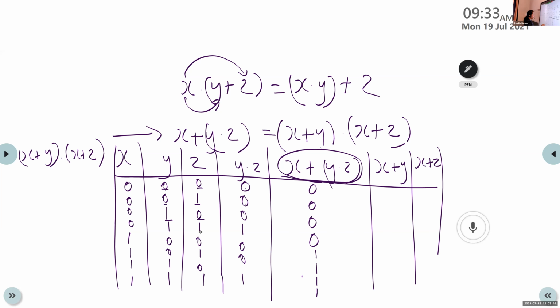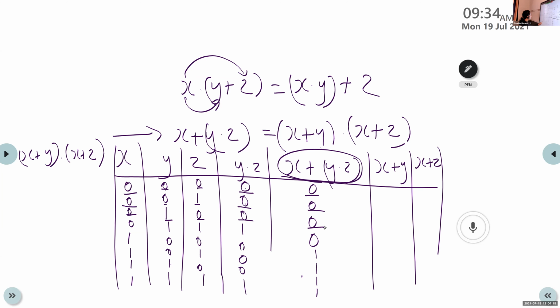Then again 0 into 0, 0, 0 into 1, 0, 1 into 0, 0, then 1 into 1, it is 1. Then after that, x plus y into z. Here x is 0, y into z is 0. So 0 plus 0 is 0. Then second row, 0 plus 0, again 0.